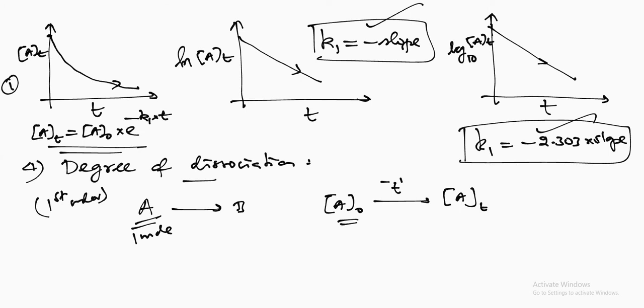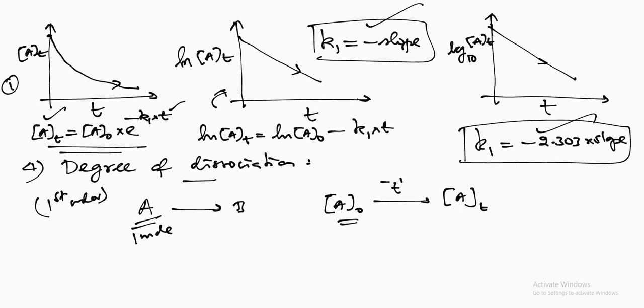For the first plot, from this equation we are plotting A t versus t. For the second case, ln A t equals ln A naught minus k1 into t. From this you are plotting the second one. The third one I have given already: instead of ln, you put logarithm of base 10, log A t equals log A naught minus k1 by 2.303 into t.